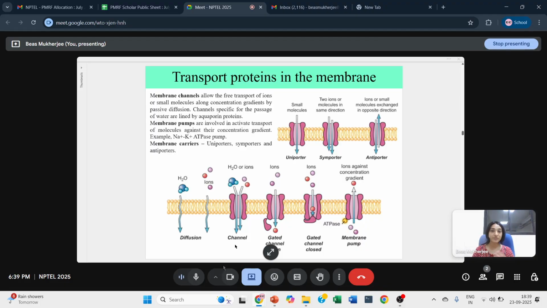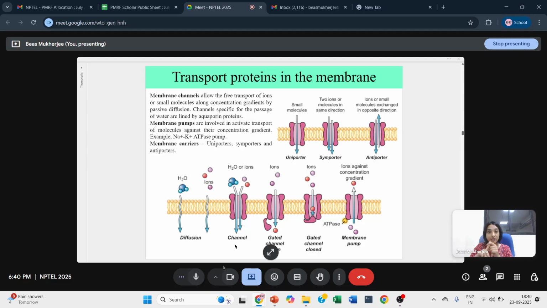So membrane pumps. Membrane pumps are involved in active transport of molecules against their concentration gradient. So these are the different ATP pumps, like the Na plus, K plus ATPase pump, and membrane carriers. So membrane channels, membrane pumps and membrane carriers. These are the three types of things that we came across.